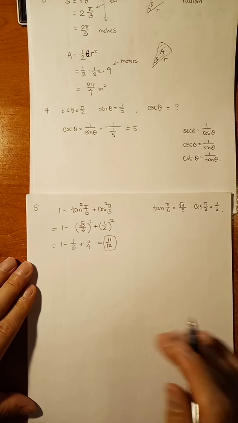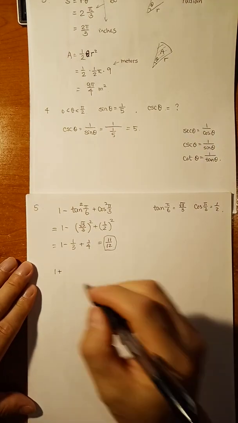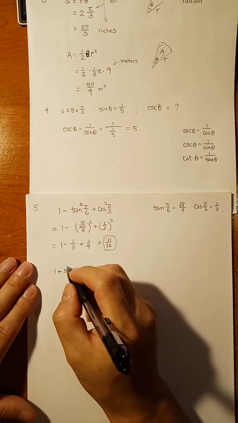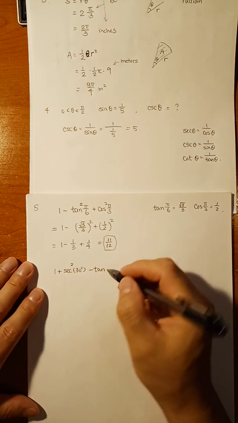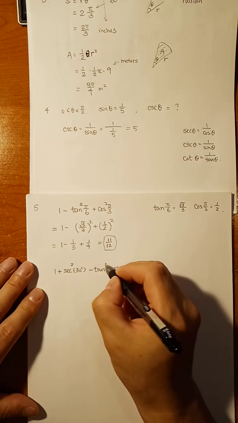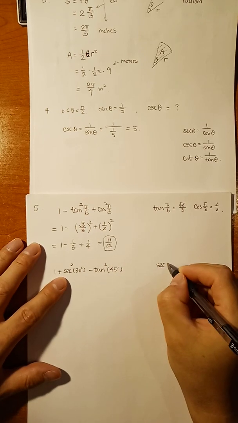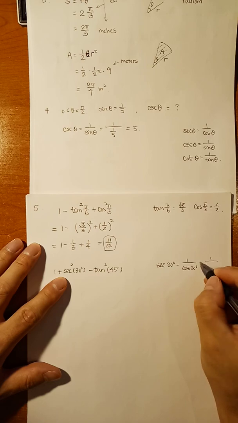The other one, 1 plus secant 30 degrees squared minus tangent 45 degrees squared. All right, secant, as we know, secant is 1 over cosine. Cosine 30 degrees is square root of 3 over 2.